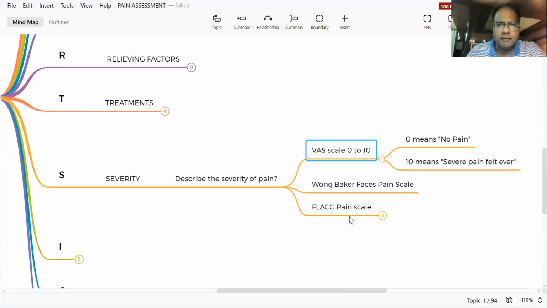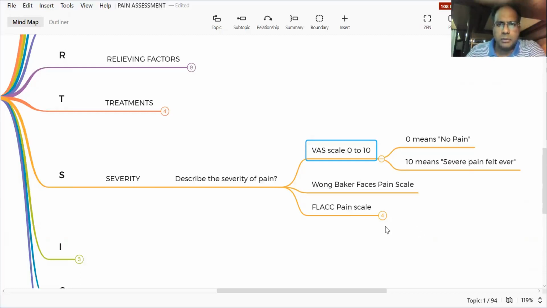The third is the FLACC pain scale. The FLACC pain scale is the one that we can use with young patients who are not able to communicate well about their condition, or with adult patients who are still not able to communicate. In those cases, we can use this scale, where FLACC stands for face, leg, activity, cry, consolability.